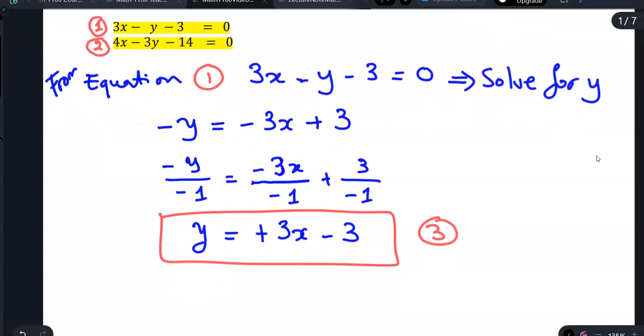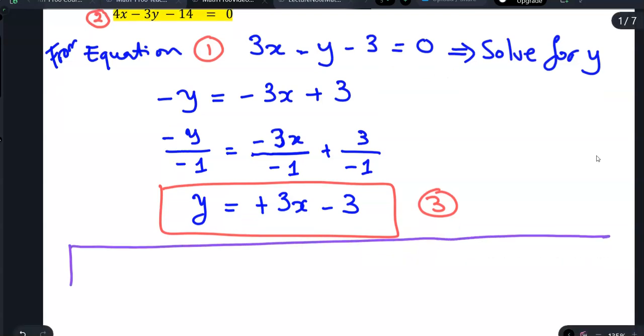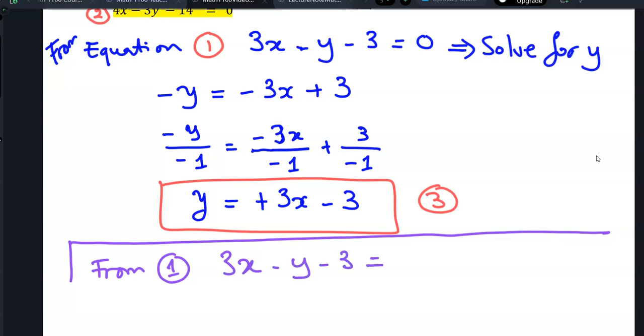Let me pause for a moment. From equation number 1, I have 3x minus y minus 3 equal to 0.